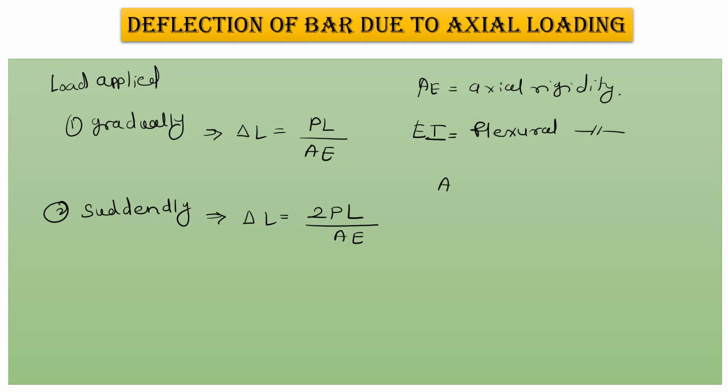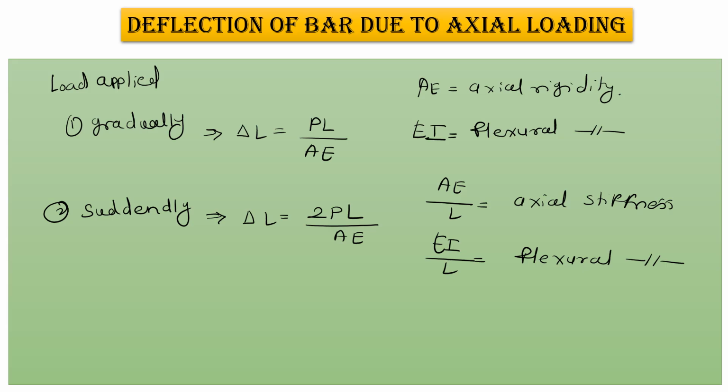Then next, AE by L is axial stiffness. Same for EI by L, which is flexural stiffness. Okay, so these are the important terms in this formula: AE, EI, AE by L and EI by L.